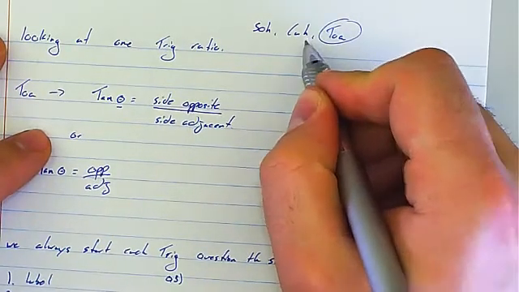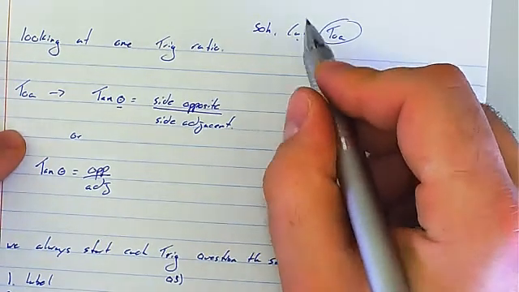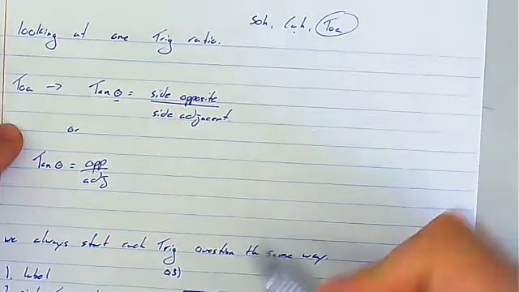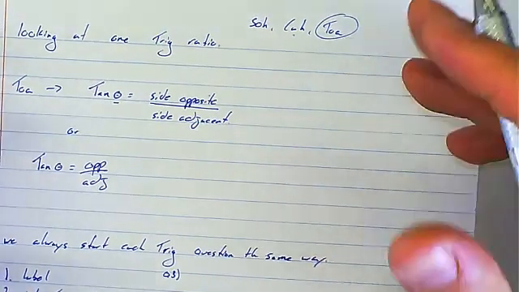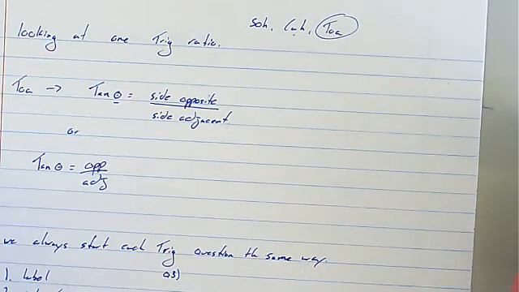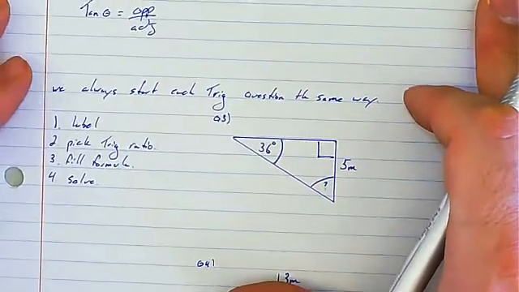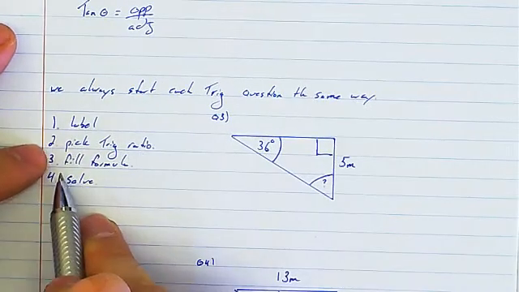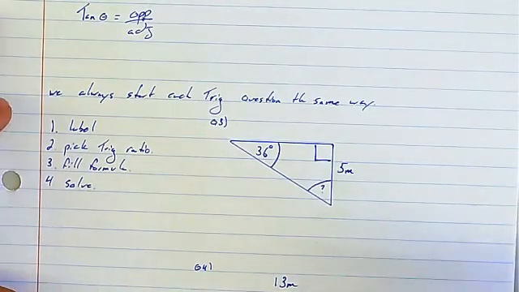So looking back at SOHCAHTOA, let's say I wanted to find the hypotenuse and I had the adjacent, I would use cos, and if I had the opposite trying to find the hypotenuse, I'd use sine. In our cases here, I'm going to give you either opposite or adjacent and ask you to find the opposite or the adjacent. So we're going to use the tan ratios for all of these. But you're always going to label your triangle, pick your right ratio, fill in your formula, and solve.